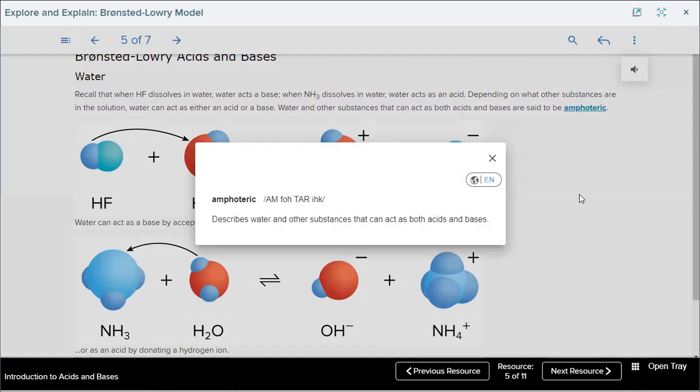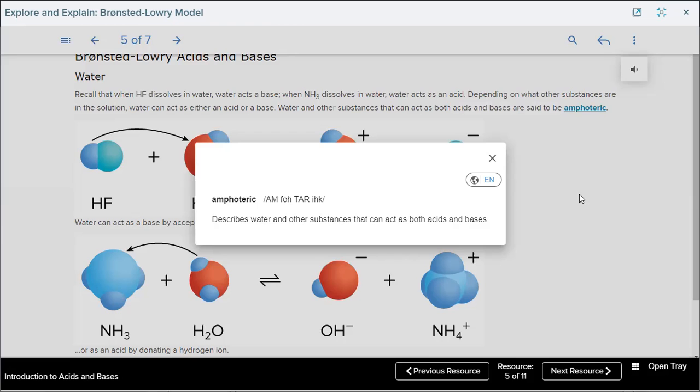It describes water and other substances that can act as both acids and bases, according to the other substance that will react with it.